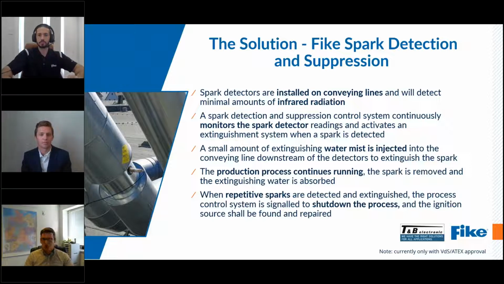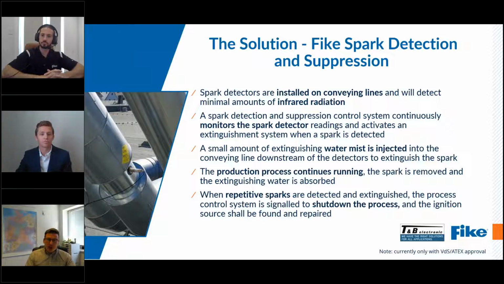Then a small amount of extinguishing mist will be injected into the conveying line. Your production process will continue running, because the spark was detected and extinguished, and there won't be a problem.